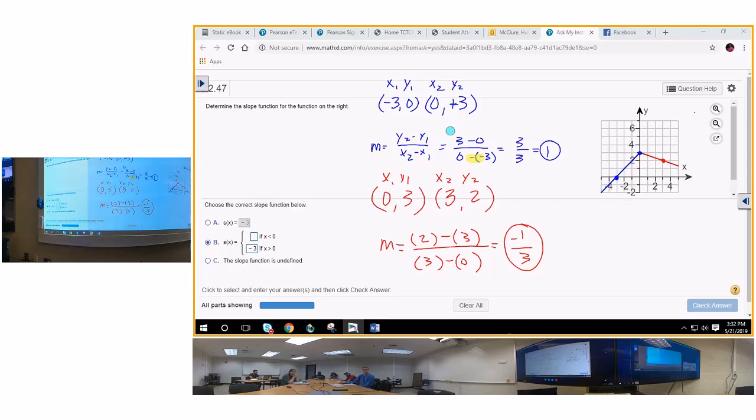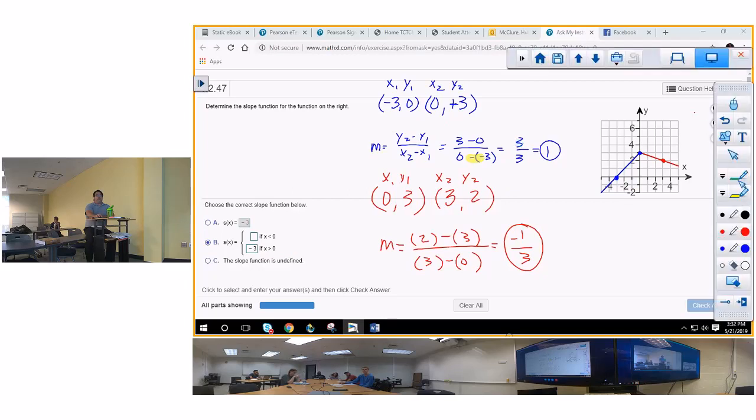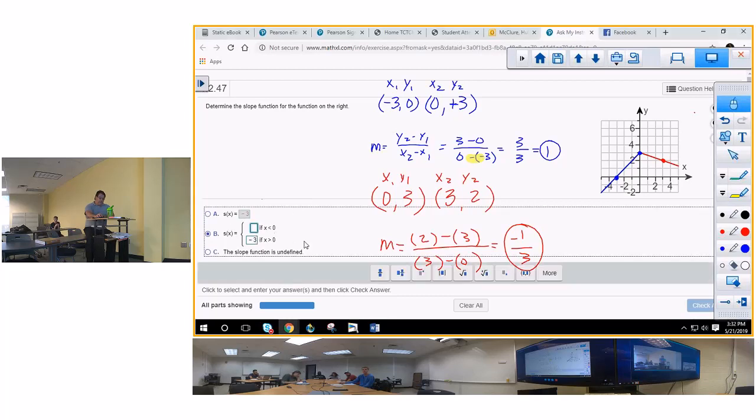So that should be your answers. Did somebody have this question? Is that the answers that they're wanting? I would assume it is. So it looks like when x is less than 0, we've got 1. So we'll take our heavy duty cursor and put 1 right there.